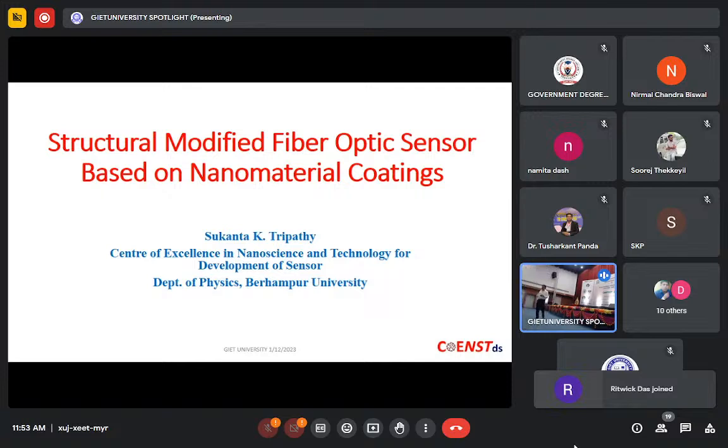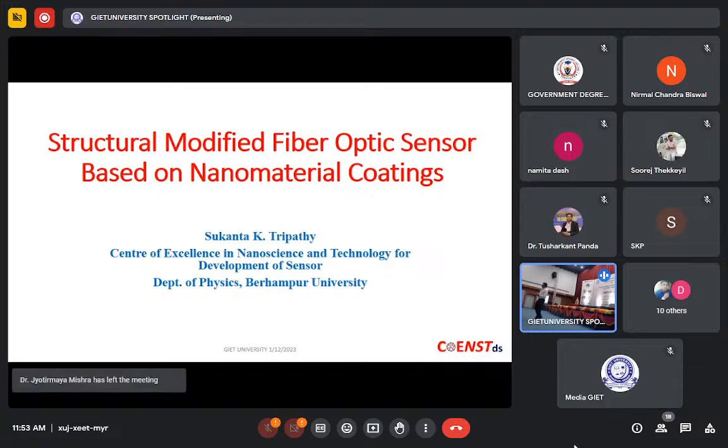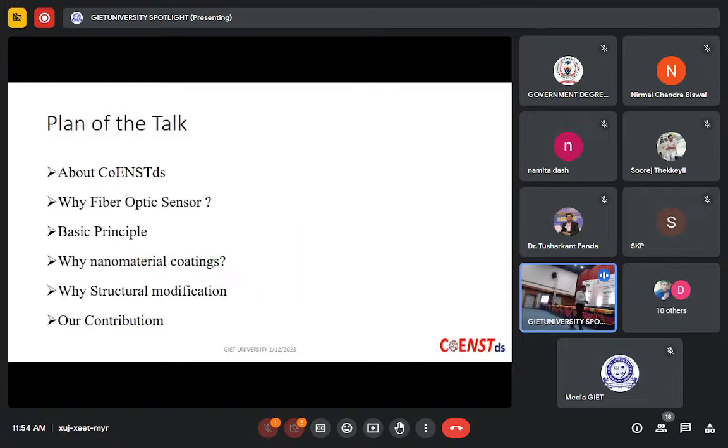In fact, I will try to avoid mathematics. I will use minimum mathematics here, but I will try to give you a feeling of how this sensor can be designed based on this geometrical modification and nanomaterial coating. And I hope to raise your interest in how this sensor can be used in day-to-day life. This is the plan of my talk.